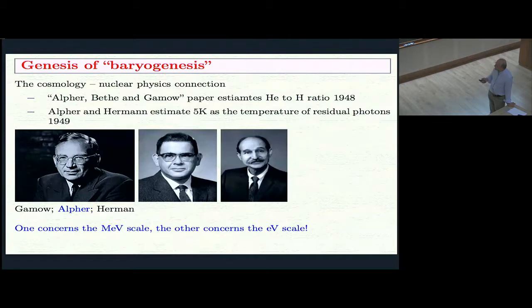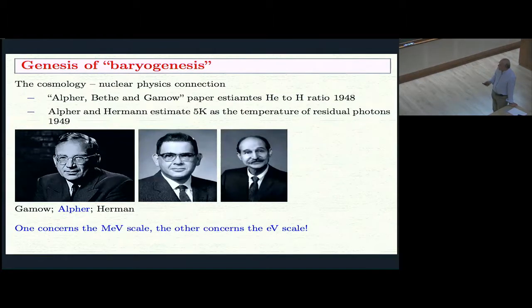So both of them then collaborated just a year later to produce the paper which now we know as cosmic microwave background, and they estimated 5 Kelvin, which is pretty good for 1949. So these are the pictures, Gamow, Alpher and Herman. Herman later became a civil engineer analyzing traffic flow using his modeling techniques, and then was in Texas, Austin.